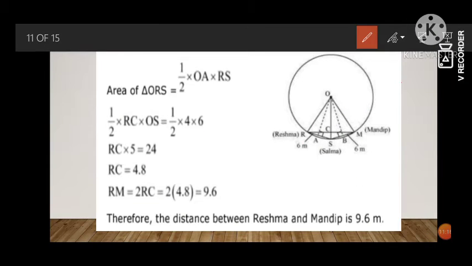As we know, the triangles are equal and isosceles to each other. So triangle ORS, that is this portion, is equal to the triangle OSM, and their areas are also equal. Since OA is a perpendicular, we can use the formula half base into height to find the area of ORS.